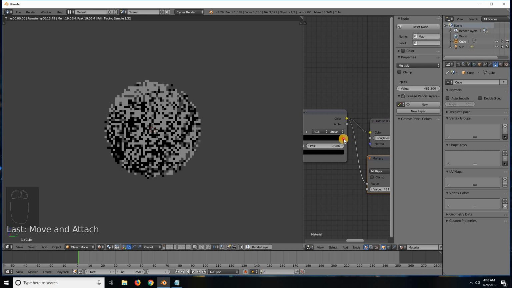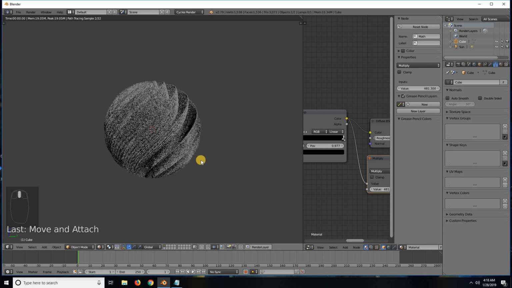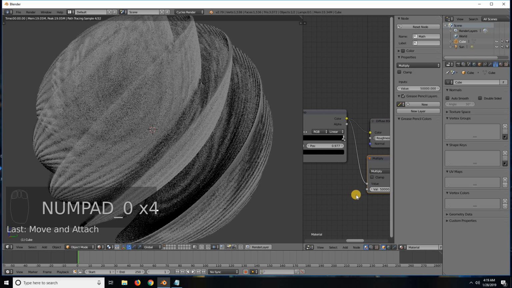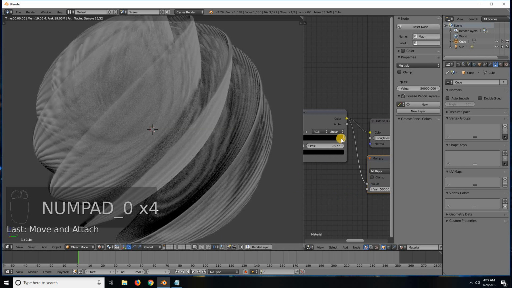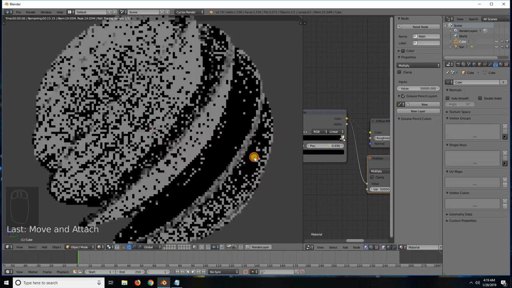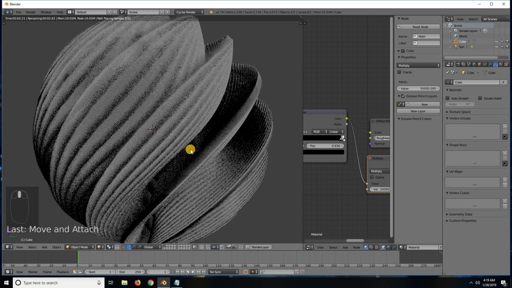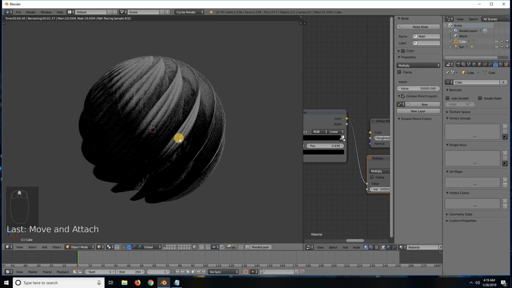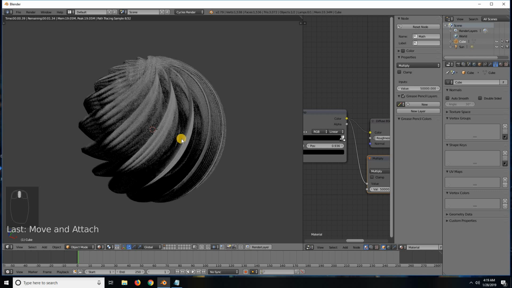Oop, went too thin. There we go. And let's go to 1,000 on density. 5,000. Oh, that was 50,000. I guess you're still a little too thin. There. So it's definitely more accurate when it comes to representing the 3-dimensional effects of things.